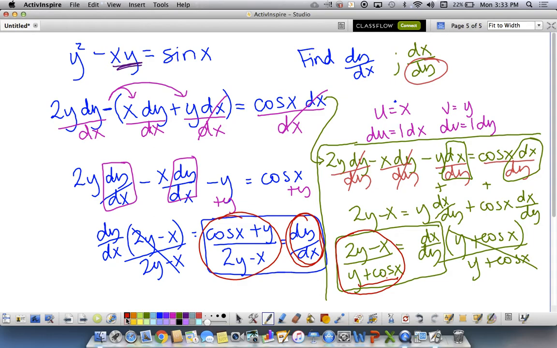Yes, it is. Most definitely. So if you have already found dy/dx, and they ask for dx/dy, you can just flip dy/dx. You're done. Okay, now I went through the process just to show you.